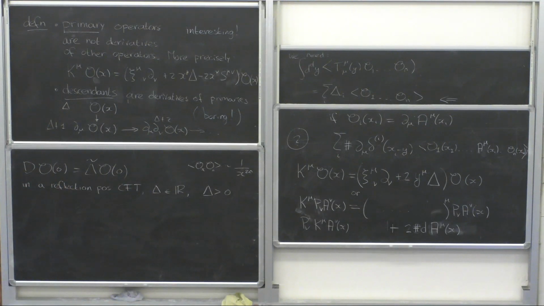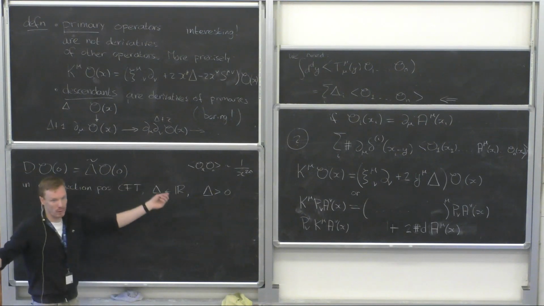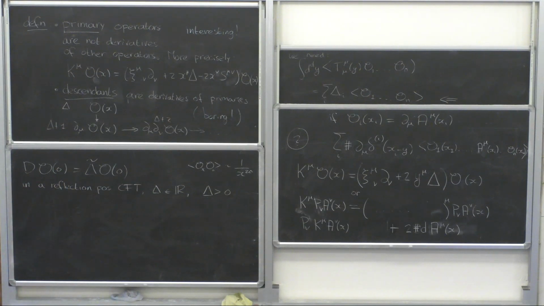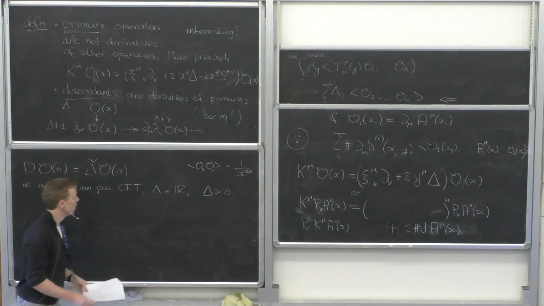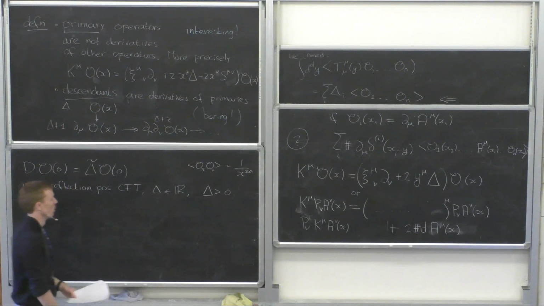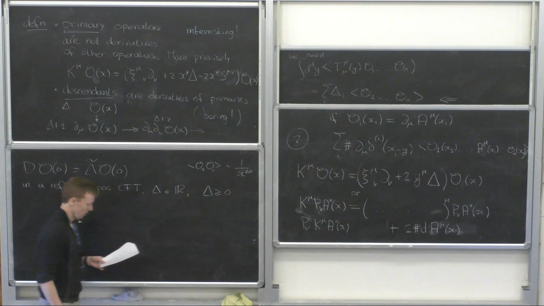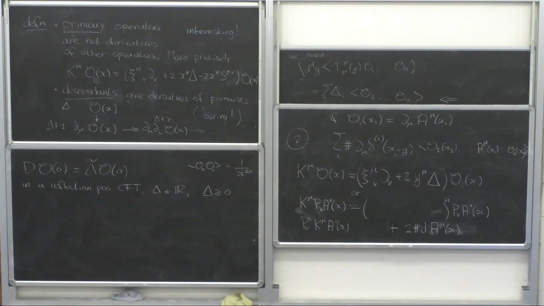So if these deltas were negative, then this thing would blow up, which would be a complete violation of cluster decomposition. So they're definitely positive, or non-negative. There's one operator with dimension 0, which is boring. It's just the identity operator.